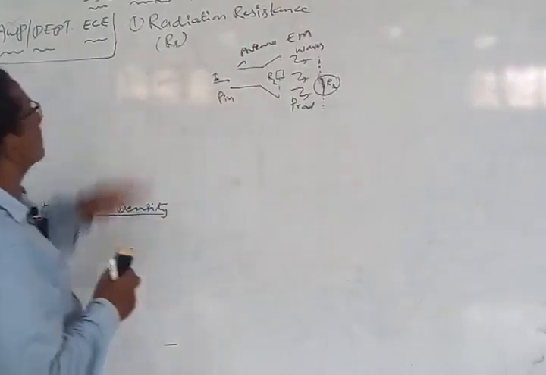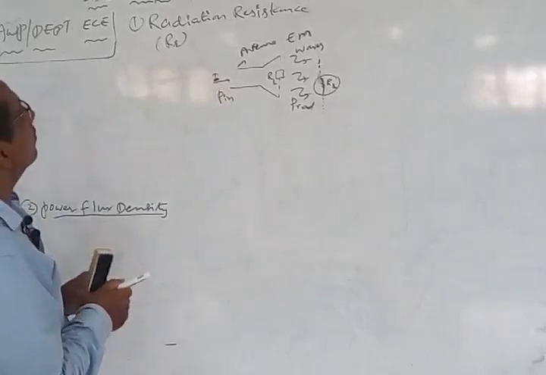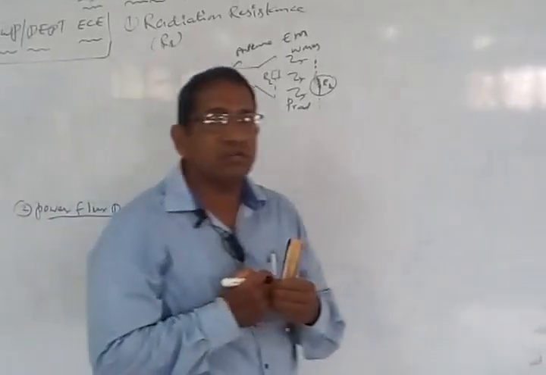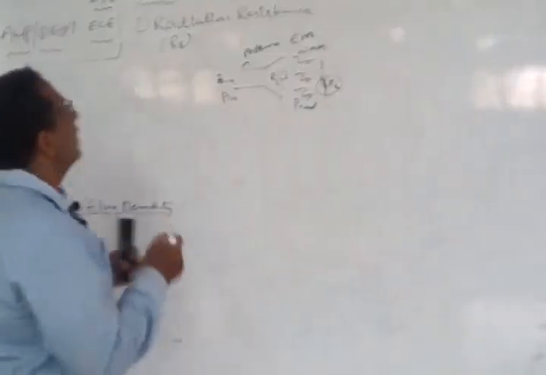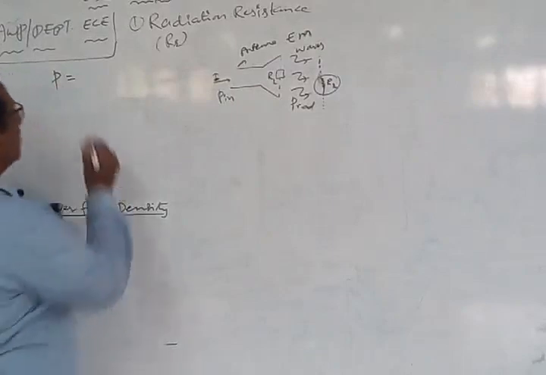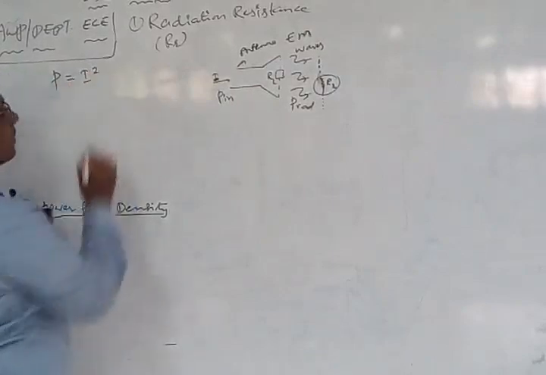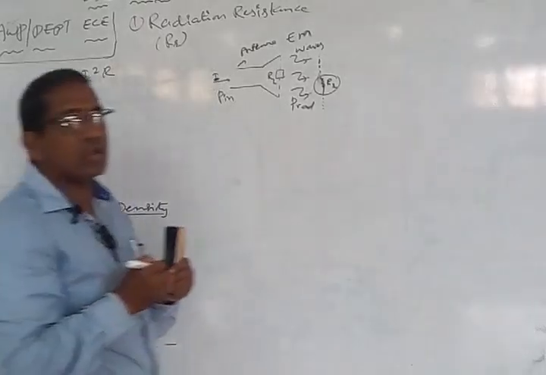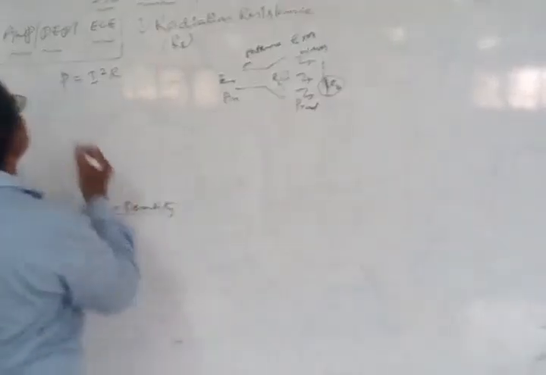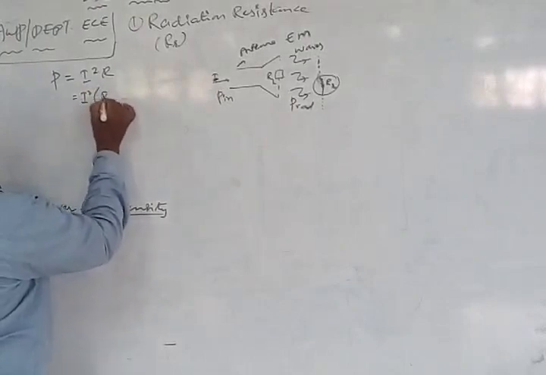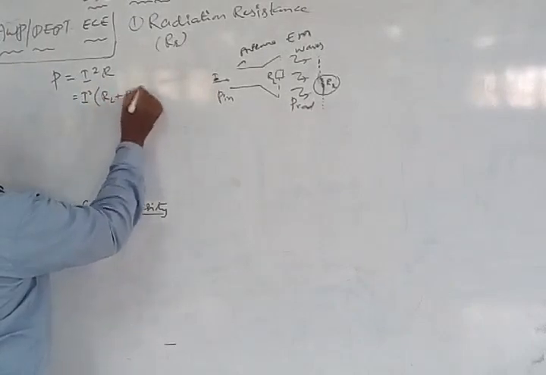As the EM waves are radiated into the free space, we come across power. So what is power? In terms of electrical parameters, power is equal to I square R. This I square R can be written as I square times RL plus RR.